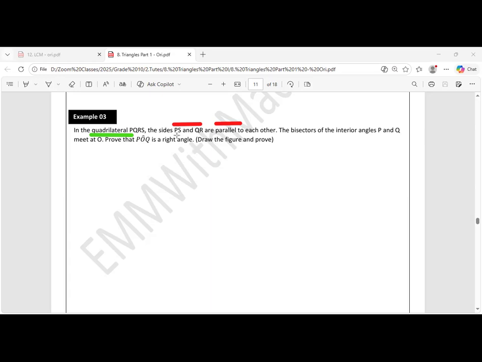Only two sides are parallel, because PS and QR are parallel to each other. They have given that. So it would be better if you draw a figure like this. This should be a very fair figure because they are saying this is only a quadrilateral.